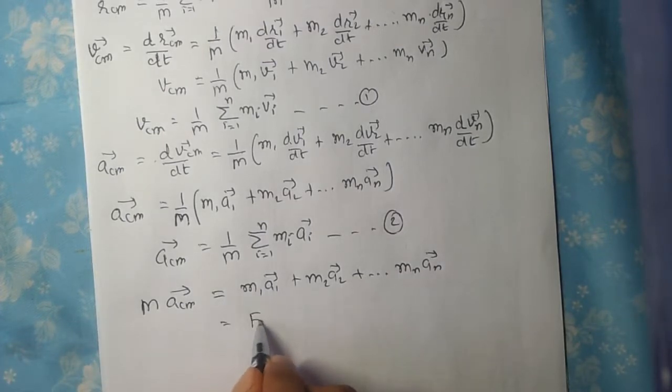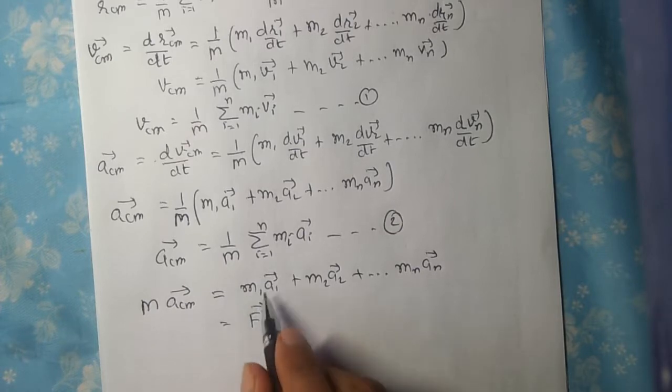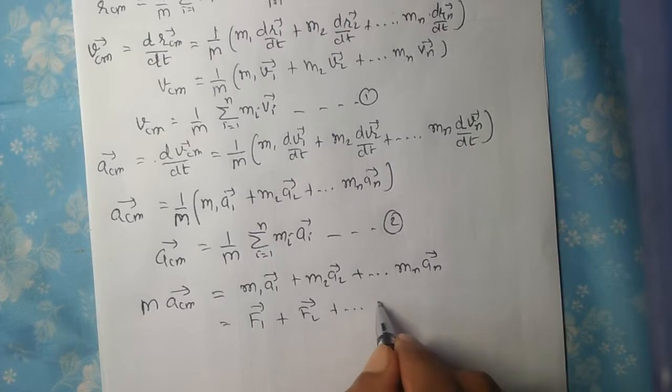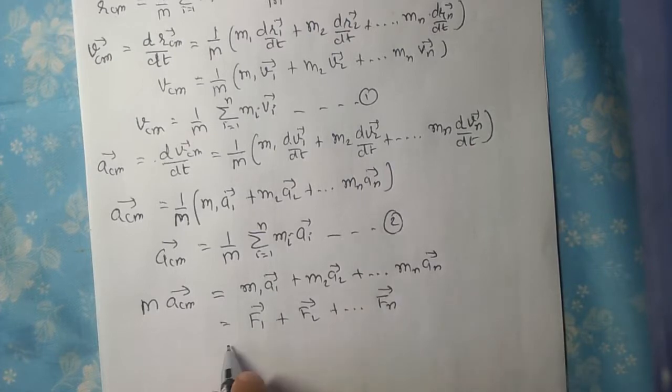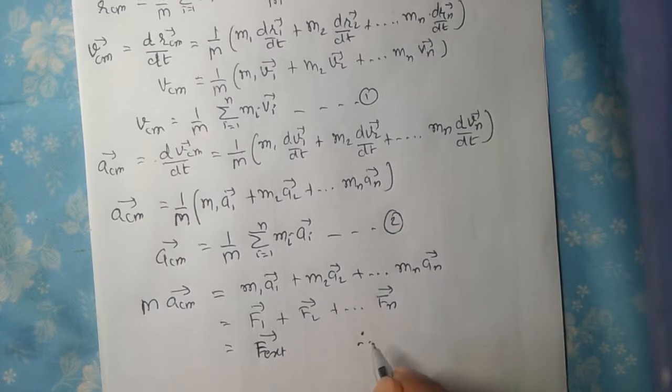So this is the external force acting on particle 1. This is external force acting on particle 2, and this will be Fn. And this will be the total external force acting on the entire system. And therefore I get the equation, let me write over here, therefore F external is equal to M acm.